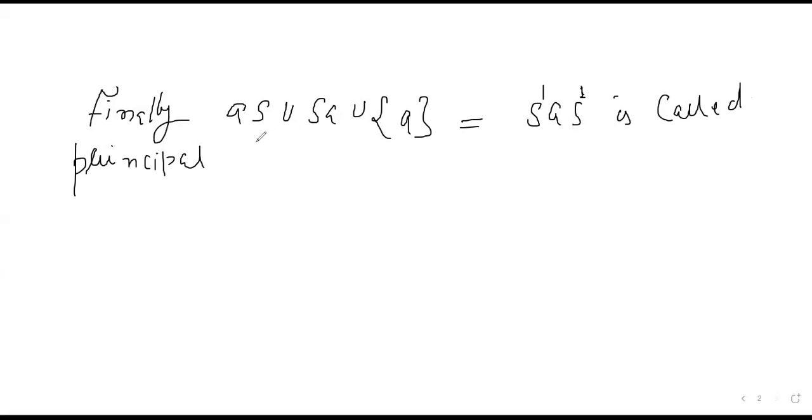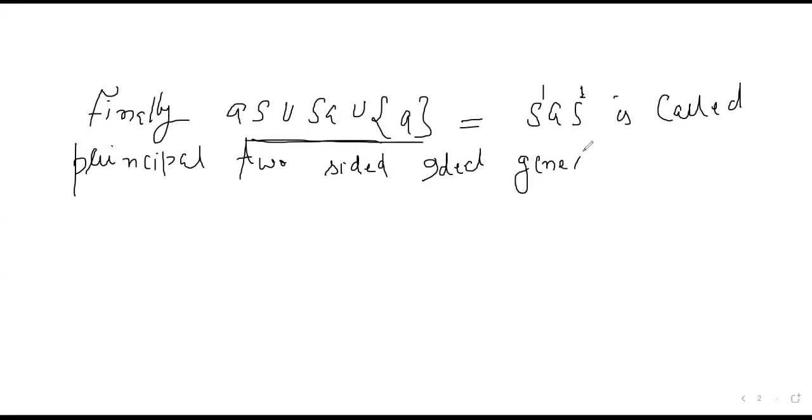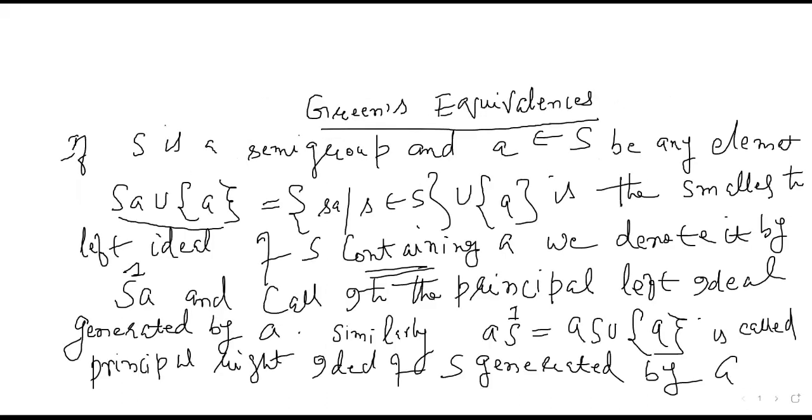It is actually the smallest two-sided ideal containing A. So we call it the principal two-sided ideal generated by A. So these are the concepts of principal left, right, and two-sided ideals. Why am I defining these principal left, right, and two-sided ideals?